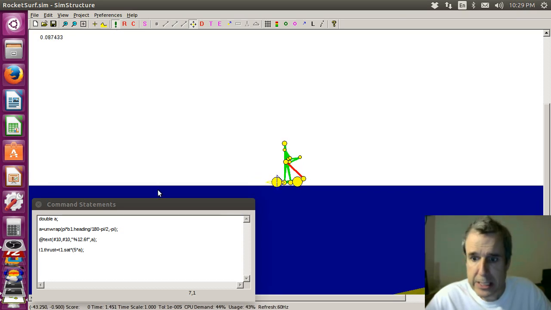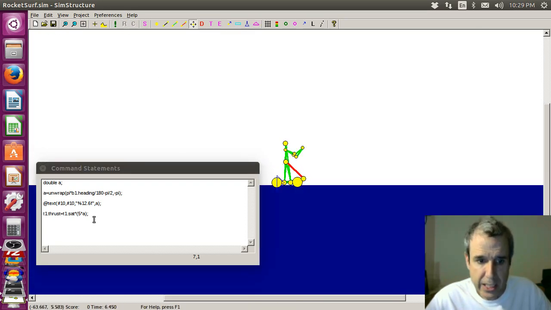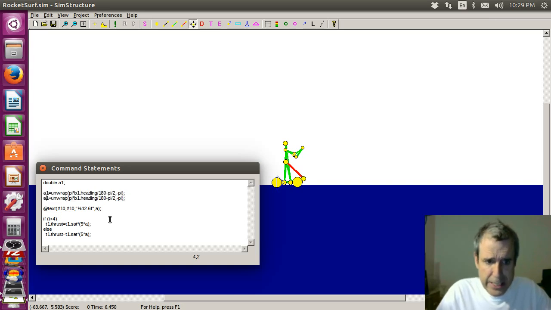What is the time? T equals 4 is when it launches. So if T less than 4, else, I'm going to do a separate controller for time after 4. Let's do angle 1. This will be easy. So we just do 2 angles.